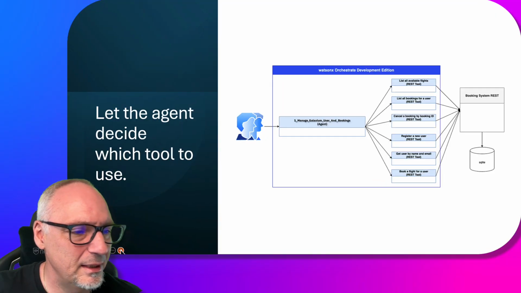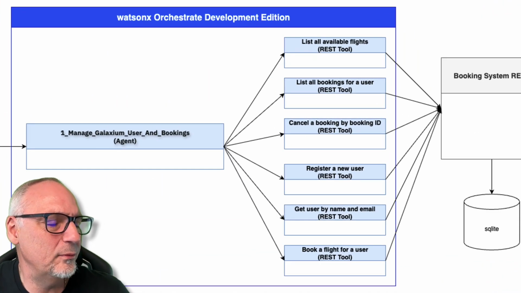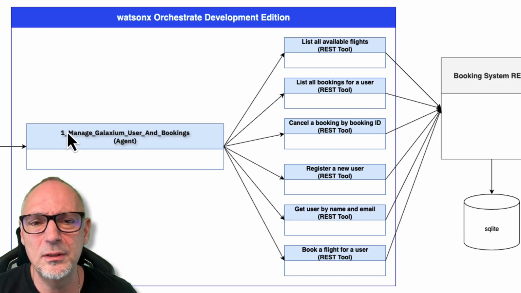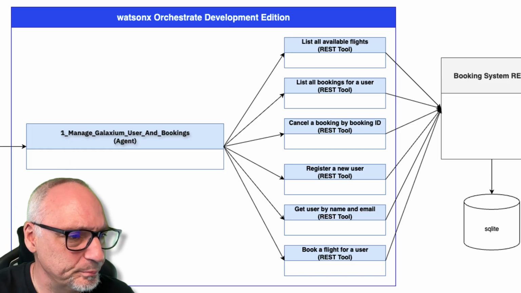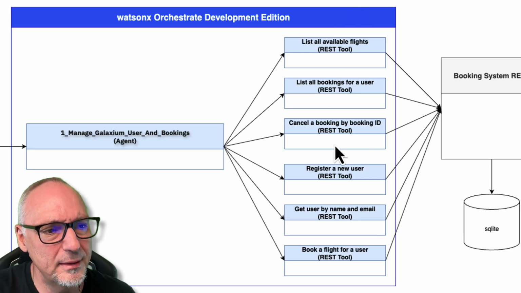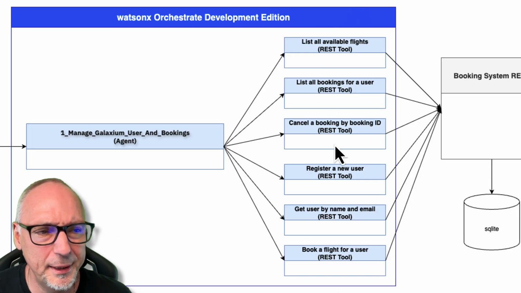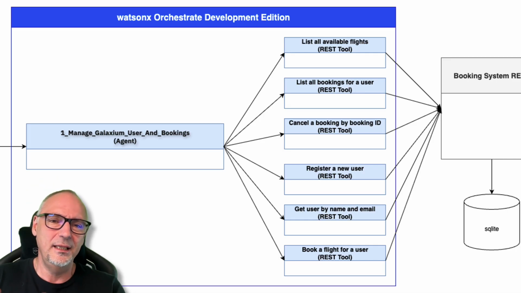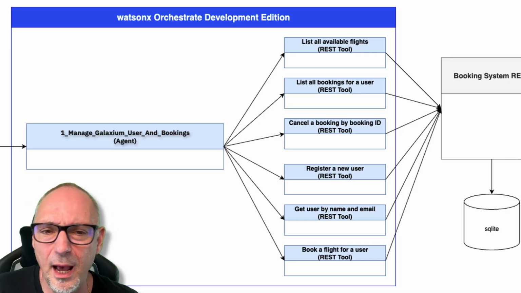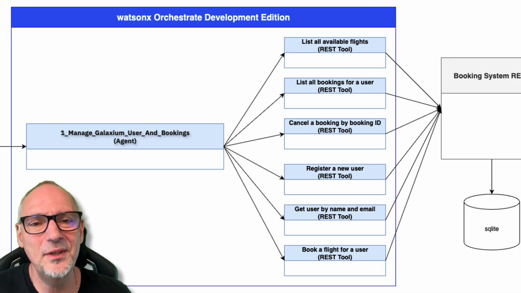So what you can see at the moment is, for example, the first agent that you have seen, which is integrated in the example application. It has several REST API invocation possibilities we integrated in the last video, and it is very easy to do that.